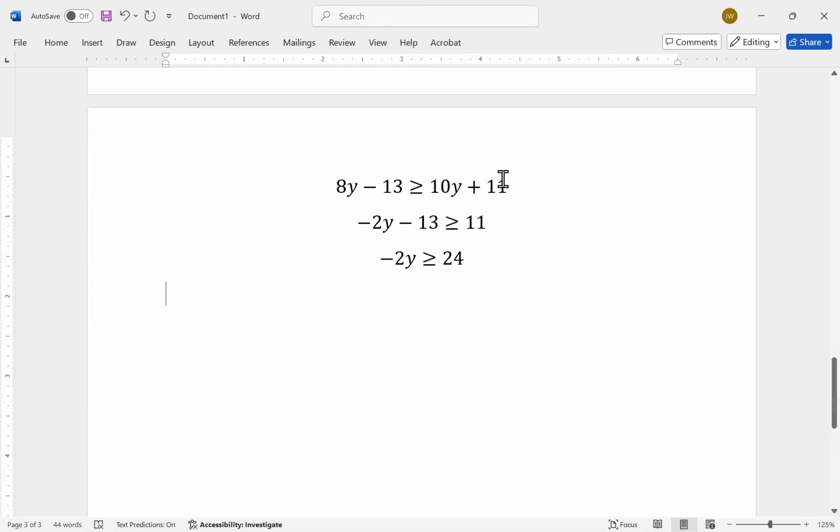Notice that when I added or subtracted from both sides, it did not change the sign direction. Now I'm going to have to divide by negative 2.